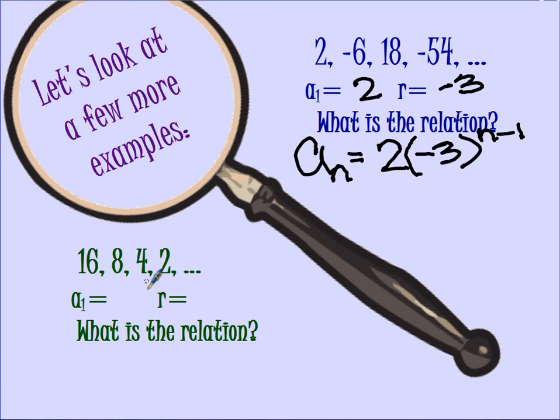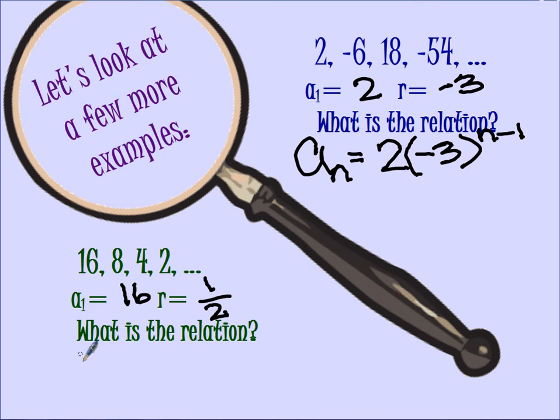In our second sequence, I start with 16, that's our initial term, and our common ratio this time might be a little bit tricky. Remember, in geometric sequences, we always multiply, we never divide. So instead of saying we're dividing by 2, we'd rather say we're multiplying by 1/2 or 0.5, whatever your preference is.